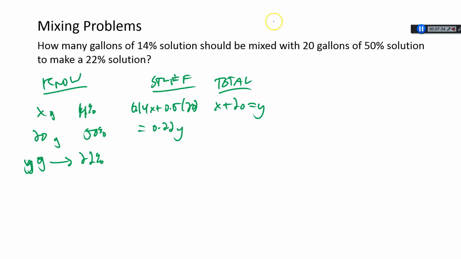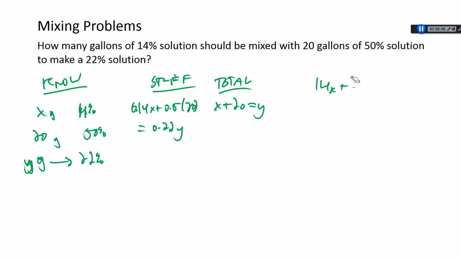Let's make our life easier by multiplying that by 100, so we have 14x plus 50 times 20. 100 times 0.5 is 50, and 50 times 20 is 1,000.